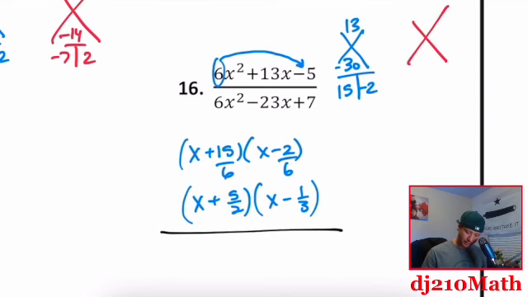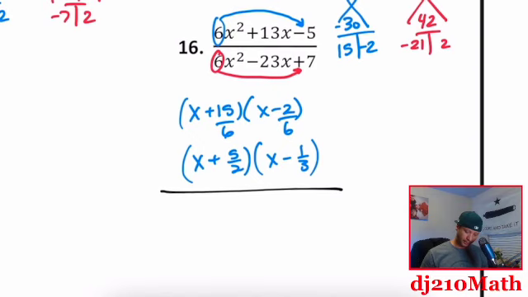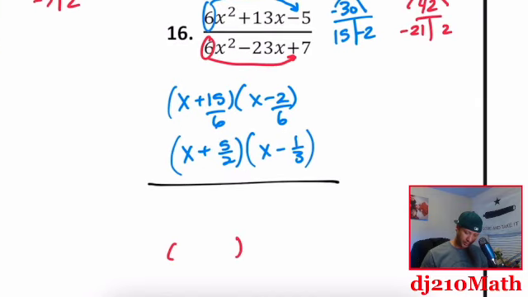Bottom, same idea. 6 times 7, 42, positive, and then negative 23. So 21 and 2, but negative 21. So on the bottom, we have x minus 21, x plus 2.